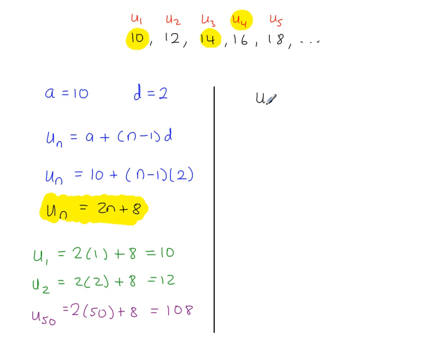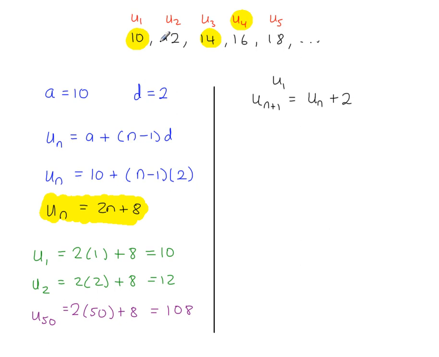Take any term in the sequence and add 2, and it will give you the next term, which we can write as u n plus 1. But you need to state the first term in the sequence as well.